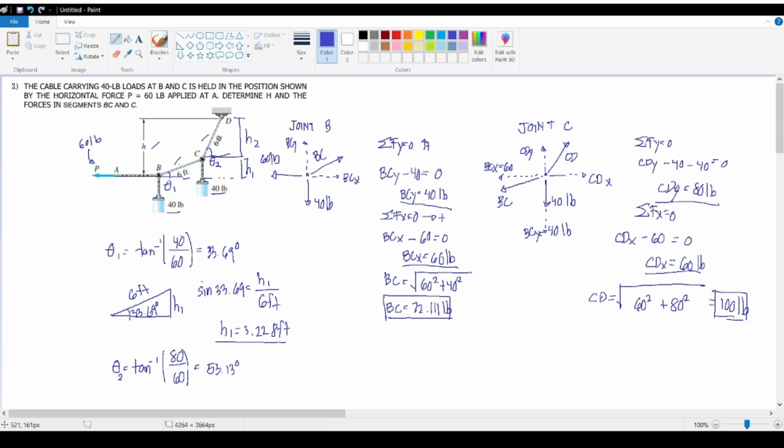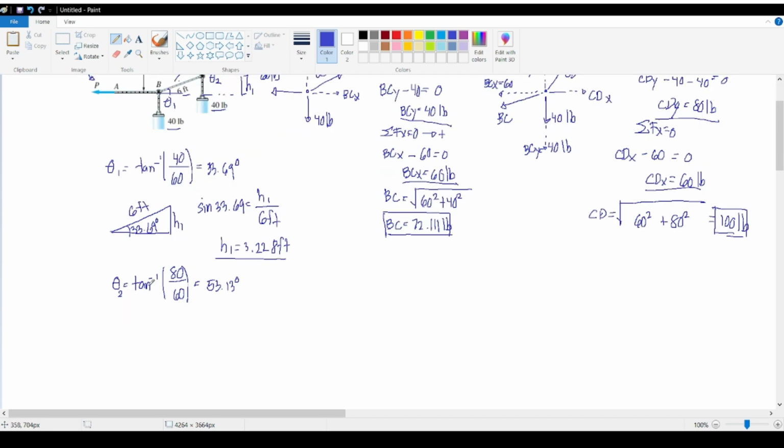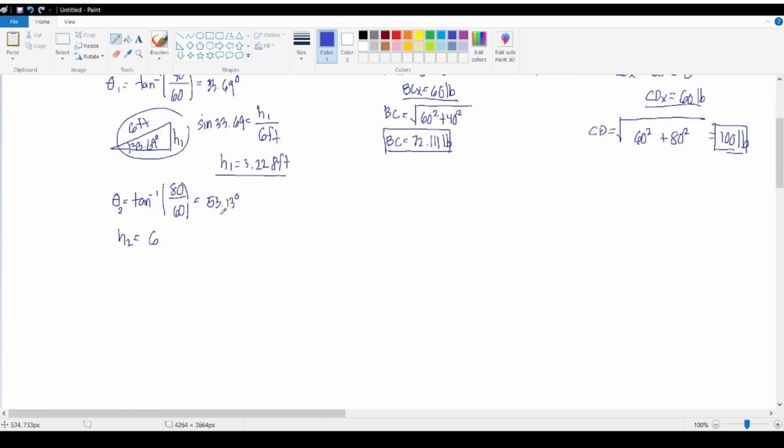That's the angle formed by this cable along the horizontal. If we want to solve for h2, let's apply the same property again, which is 6 feet, since the length here is also 6 feet, and we multiply that with sine 53.13. The answer should be 4.8 feet.